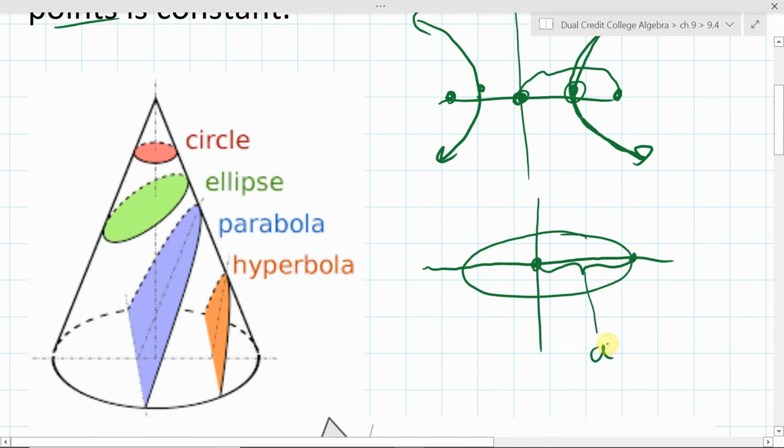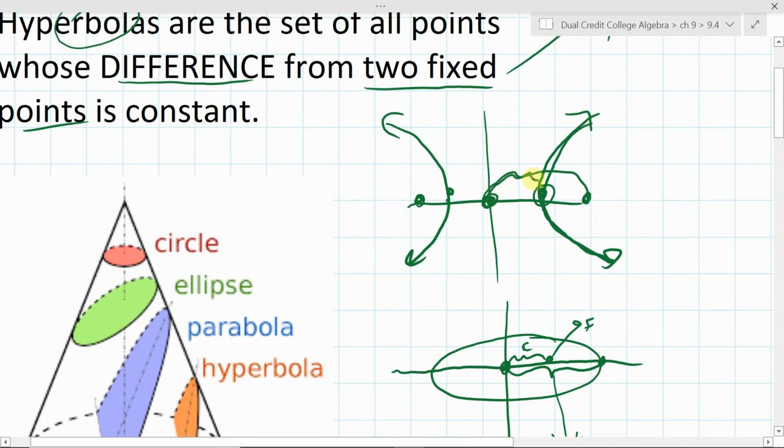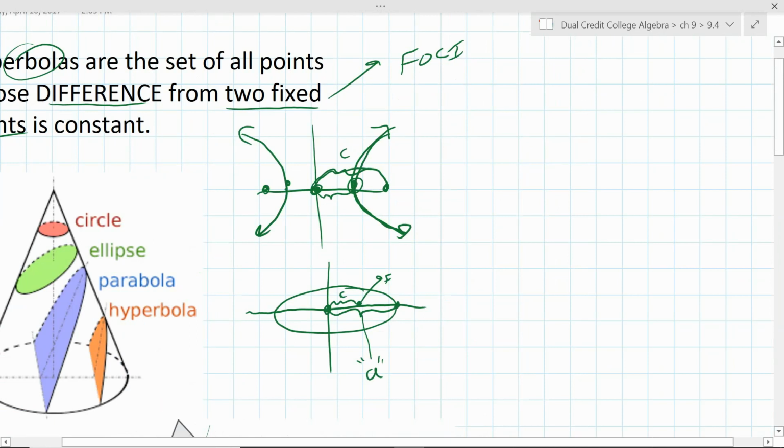Remember that we called that A. And C is along the major axis, but it's less. That's the focus. So here, we're still going to call C the distance from the center to the focus. A is still the distance to the vertex, but in the hyperbola, C is bigger.